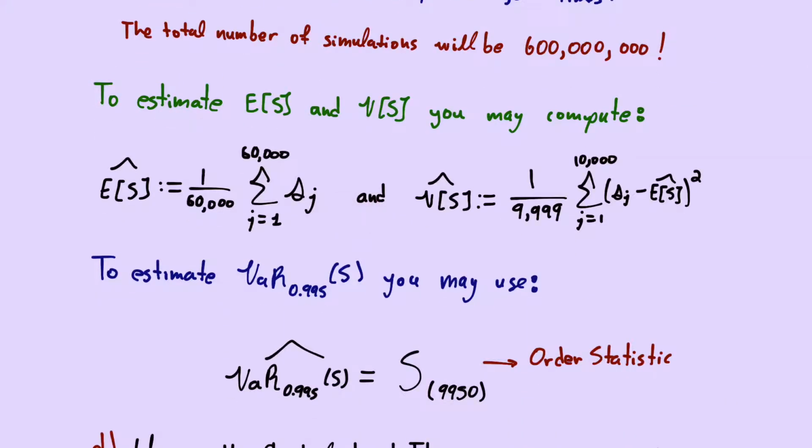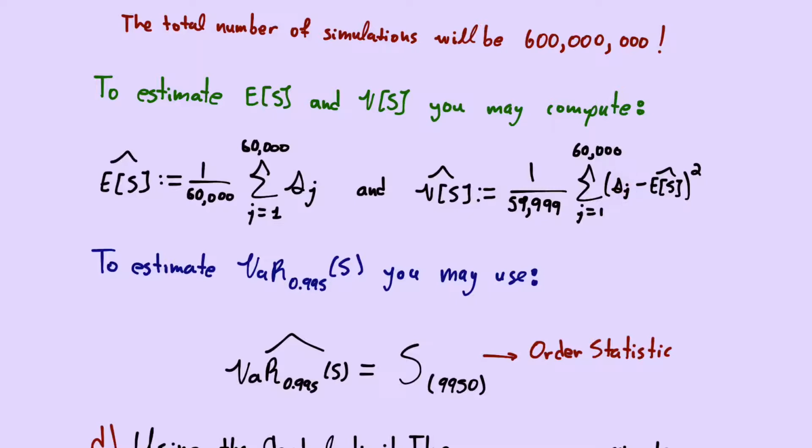Similar to this, you can get the estimator for the variance of S as 1 over n minus 1, which in this case would be 1 over 59,999, times the sum over the 60,000 values of the following expression: take each one of the simulations, subtract the estimation of the expected value, and square that difference.